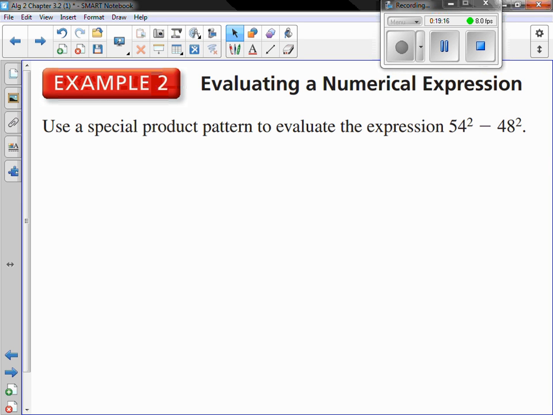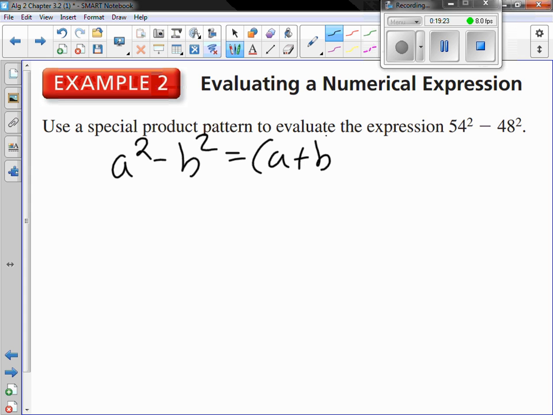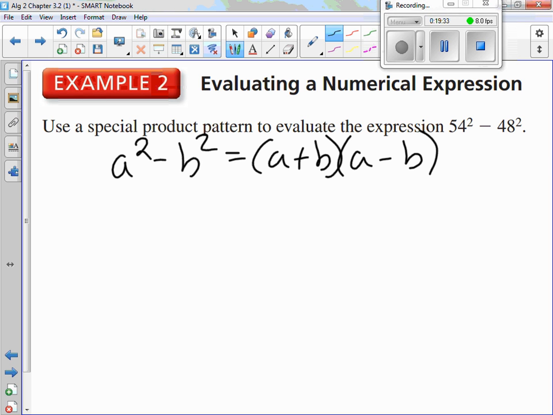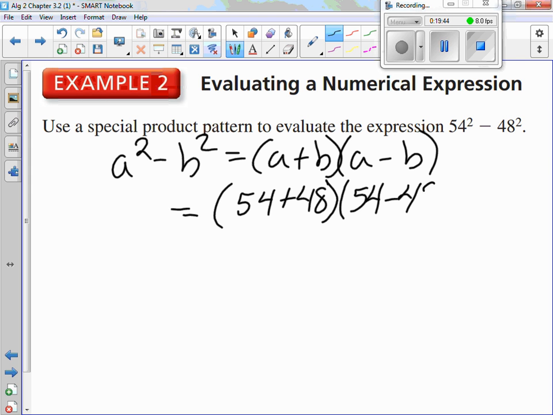Well, our formula that we just stated, a squared minus b squared, is equal to a plus b times a minus b, yes? So 54 squared minus 48 squared, well, 54 is our a, 48 is our b, yes? If I wanted to solve this, I could say 54 plus 48 times 54 minus 48, because I could rewrite this, which makes it a little bit easier to solve, yes?